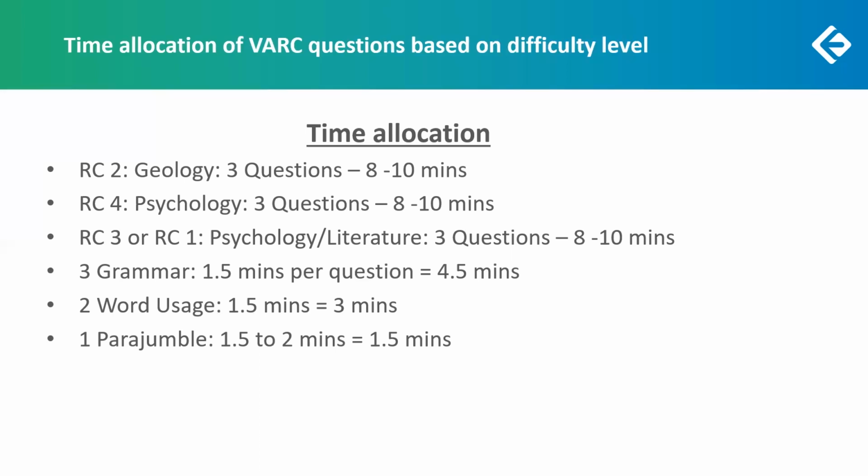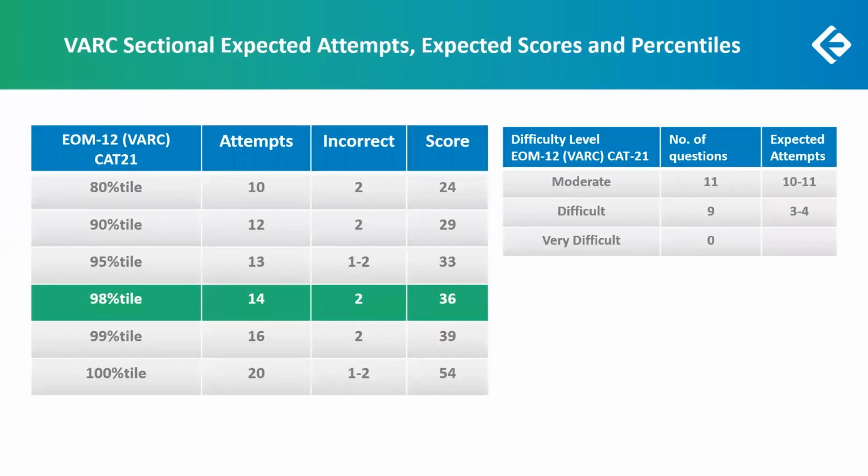And let's say 3 of those grammar questions that you attempted, as well as either all 4 word usage questions, or at least 2 or 3 of them that you selected very carefully, and the parajumble, of course. With all these questions taken in those 40 minutes, you would have arrived at something like 14, 15 questions.